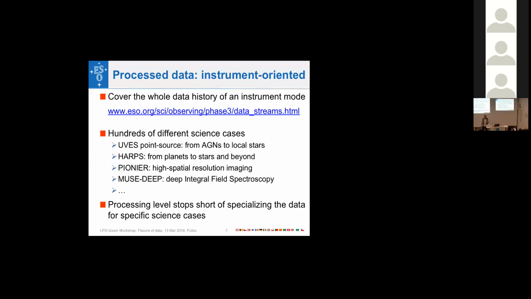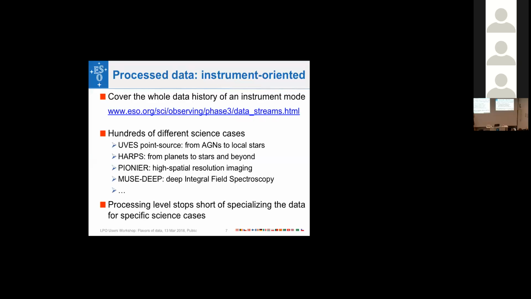The other flavor is, in a lot of ways, complementary. Okay? This is then not processed for a science goal in mind, but with an instrument mode in mind. So all of the data for instrument modes are processed and made available to readily enable your science. Okay?